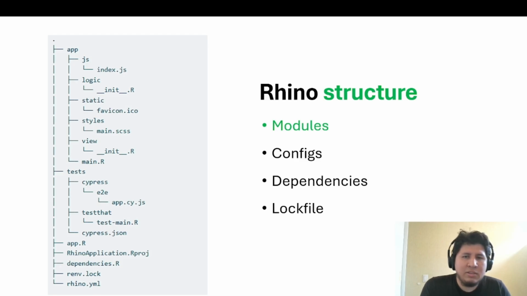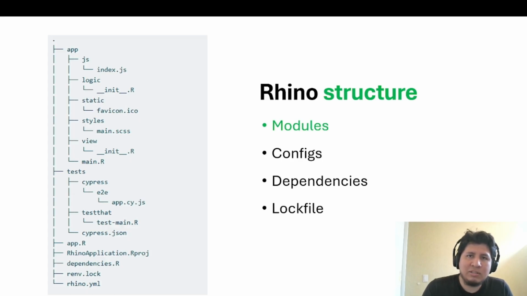For Rhino, you will get a pretty particular structure. For Golem, if you are familiar with package development, you will get pretty much the same thing. But for Rhino, you will have an app folder that will allow you to have subfolders for different kinds of assets for your application.